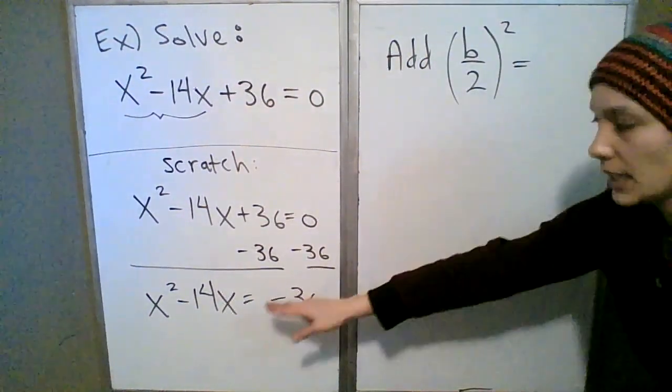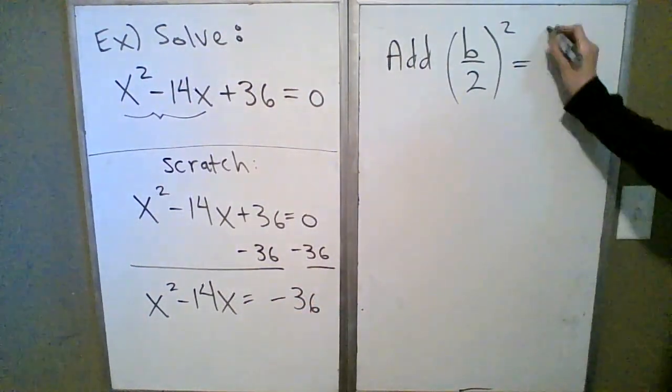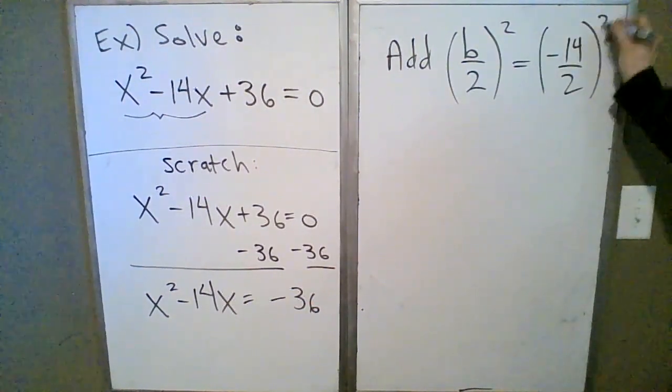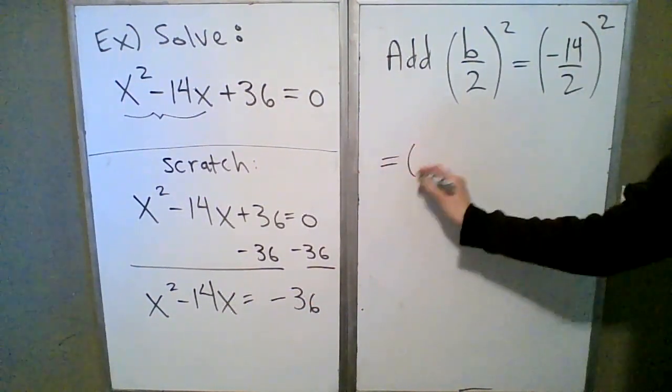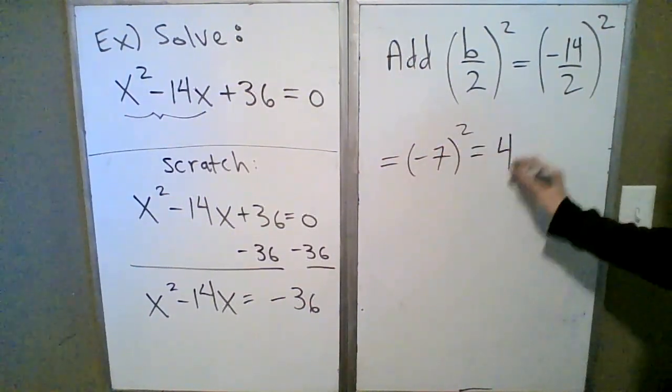Okay, it's the number with x, which would be negative 14. Negative 7 squared is 49.